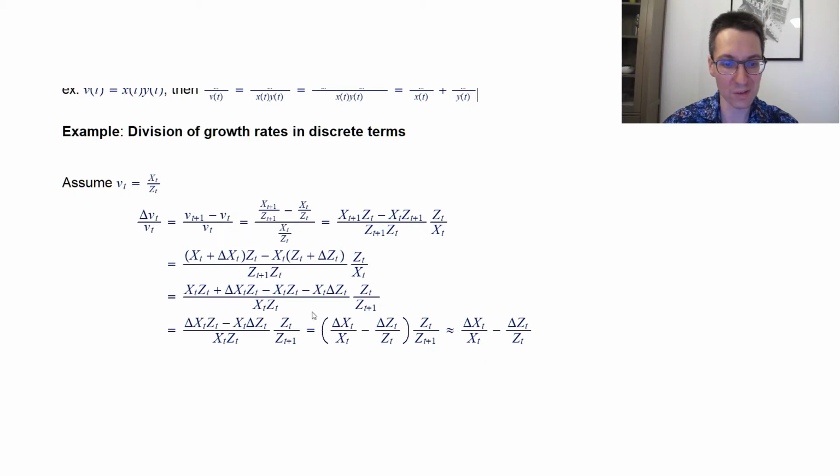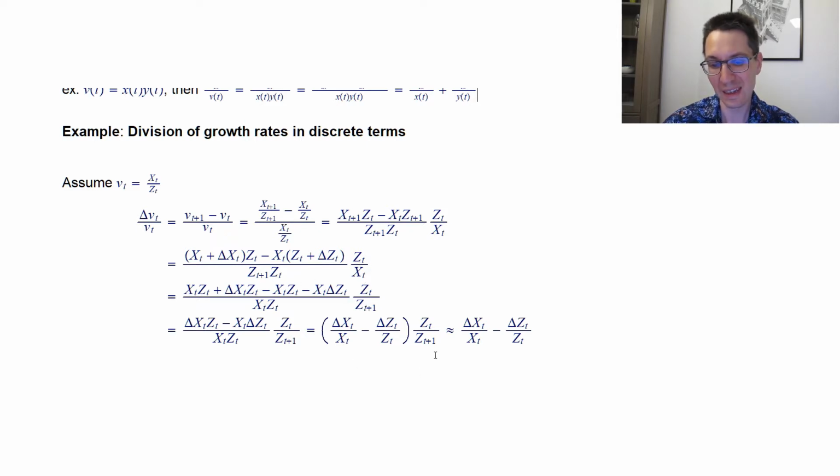And as you're going to see, there's this minus X_t Z_t here and this X_t Z_t here, so these two will cancel out, and I can simplify the expression. In the end I get delta X_t over X_t minus delta Z_t over Z_t, but multiplied by this term here, Z_t over Z_{t+1}, which didn't disappear.